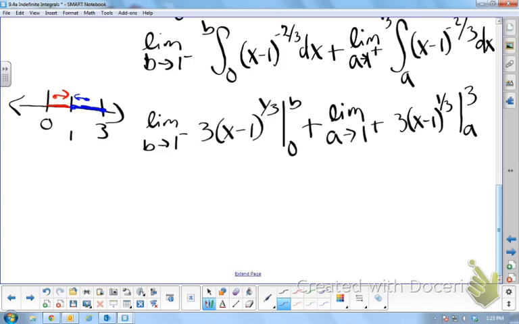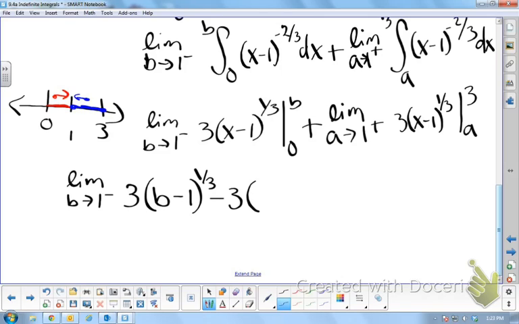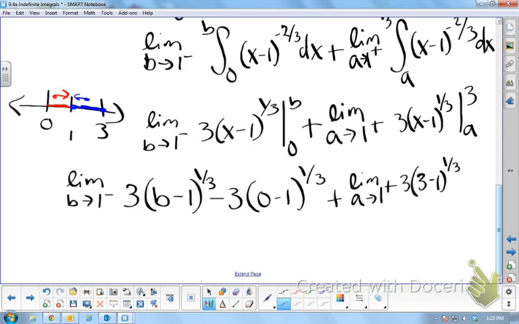Now we start plugging in. We do our fundamental theorem of calculus. Limit as b approaches 1 from the left, 3 times b minus 1 to the 1/3, minus 3 times 0 minus 1 to the 1/3, plus, limit as a approaches 1 from the right, 3 times 3 minus 1 to the 1/3, minus 3 times a minus 1 to the 1/3.